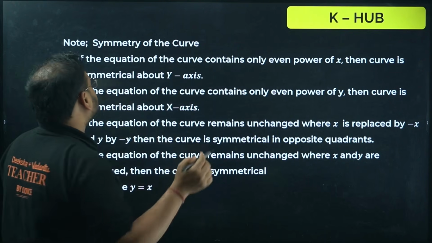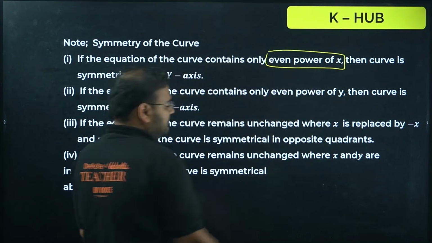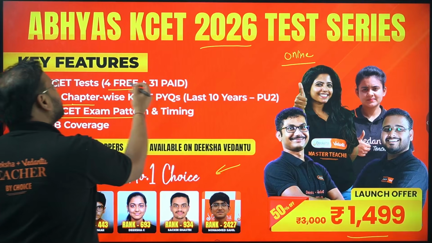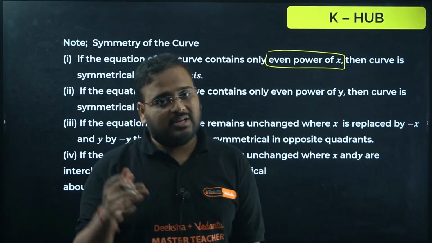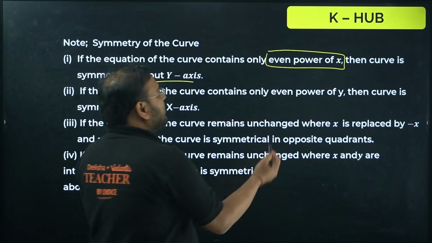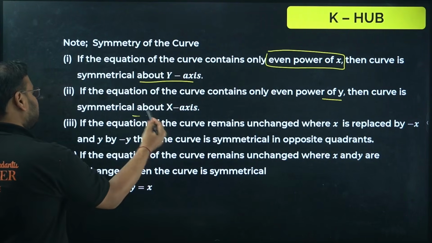If the equation of the curve contains only even powers of x, then the given curve will be symmetrical about the y-axis. I know it doesn't make sense right now, but you'll see when I show you a question on this in this class itself. If the equation of the curve contains only even powers of y, then the curve will be symmetrical about the x-axis.